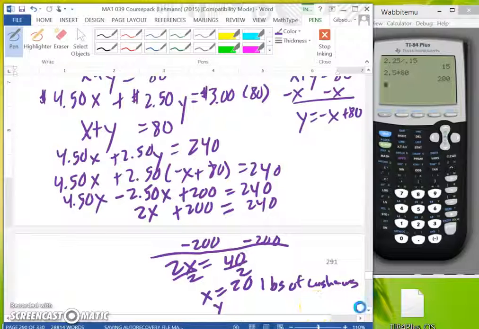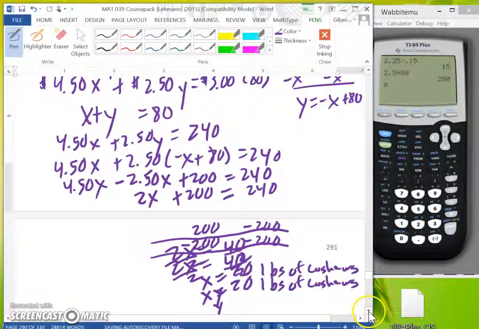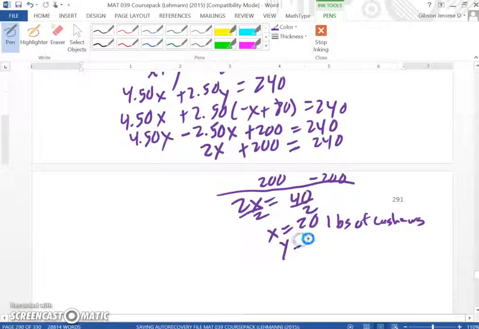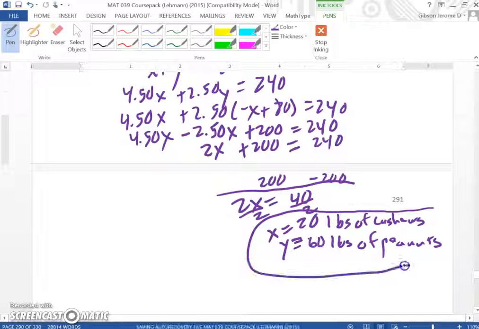And y represents our peanuts. It equals 60 pounds of peanuts. This is your final answer. Are there any questions?